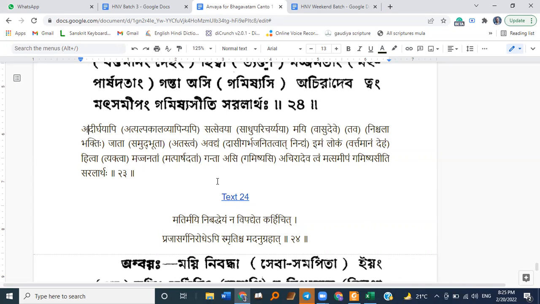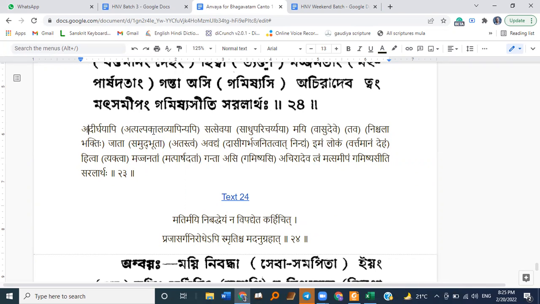Very nice. So the Lord is saying to Narad Muni that, O Narad Muni, you have got Nishchala Bhakti, a determined devotion in me, in Vasudeva, by serving the devotees, sadhu paricharyaya, for a very short period of time.